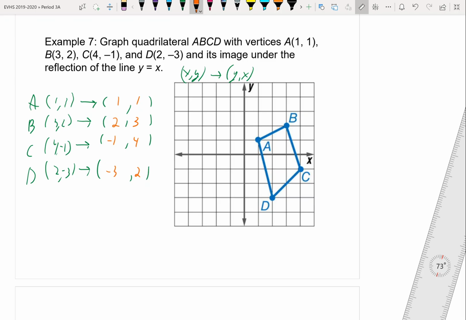Now, let's plot our points. (1, 1) becomes A prime. (2, 3) is B prime. C prime is (-1, 4). And (-3, 2) is D prime.